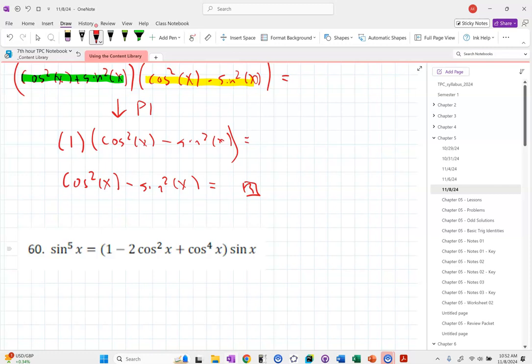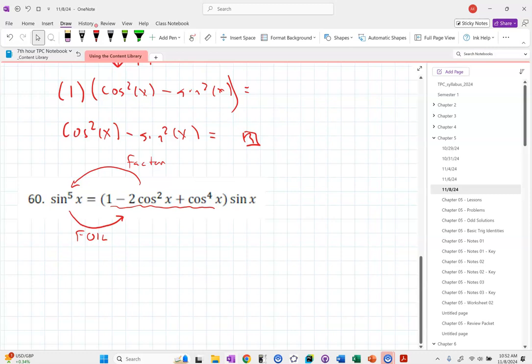So if I look at this thing, what does that kind of look like to you? It kind of looks like a quadratic, right? So to go this way, what do you think I'm going to have to do? Factor. So if I go this way, what do you think I'm going to have to do instead? Foil. Which one would we rather do? We'd rather foil. So I'm going to work on the left-hand side first, I think.